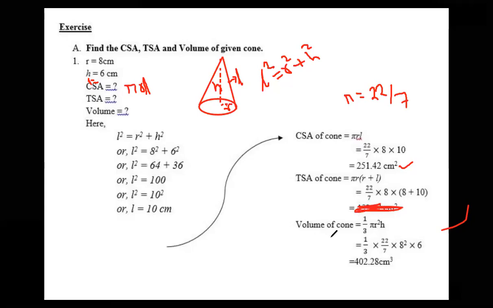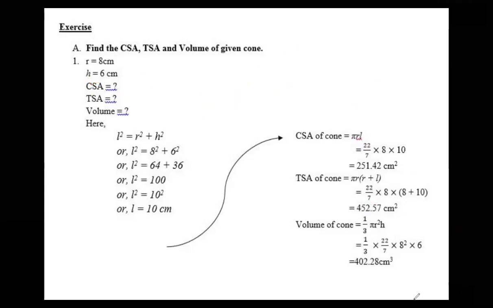Let's take it out. What is the answer? 452.52. 452.57 is the answer. Not 7. 452.57.